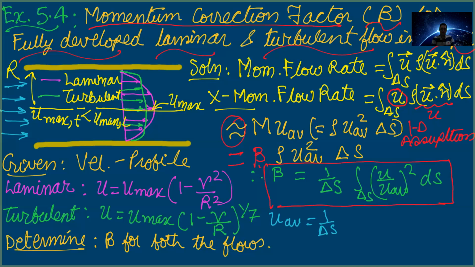So u average is 1 by delta s, integral of u ds. Now the surface area is pi r square, so it becomes 1 by pi r square, and this ds we take as an elemental length 2 pi r dr, which is given there, and we integrate it from 0 to r.